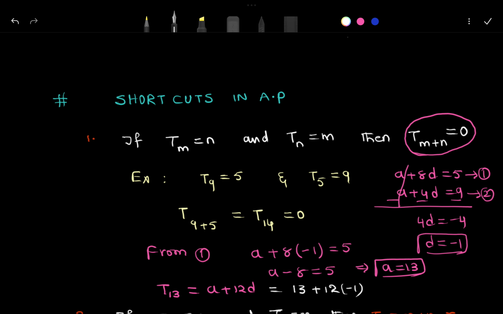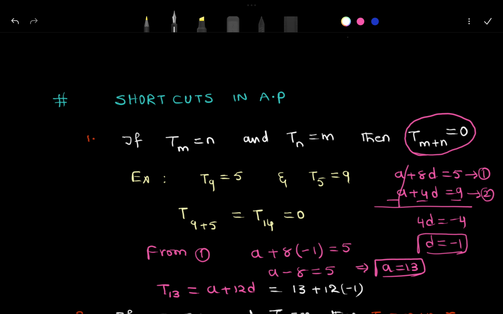A minus 8 is equal to... here the D value is 5 minus 9, which is minus 4. So 4D is equal to minus 4, D is equal to minus 1. Substituting, A plus 8 into minus 1 is equal to 5. Minus 8 goes to the right side, 5 plus 8 is 13. So A is equal to 13.